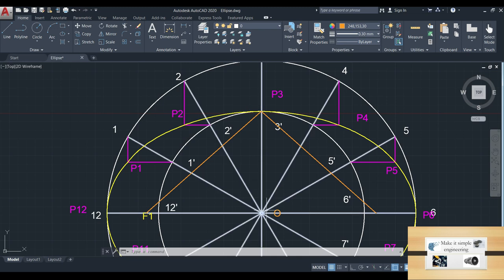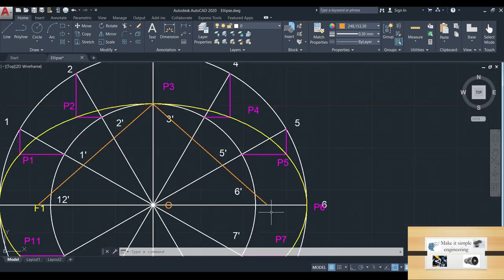So then you have to measure the distance O12, and then by using compass you can mark that distance here from P3 to F1. Just have to draw an arc which is having a center of P3 and radius of O12 on this line. Then we will get F1. Similarly we will get F2, the second focus. So we will get the focus F1 and F2.